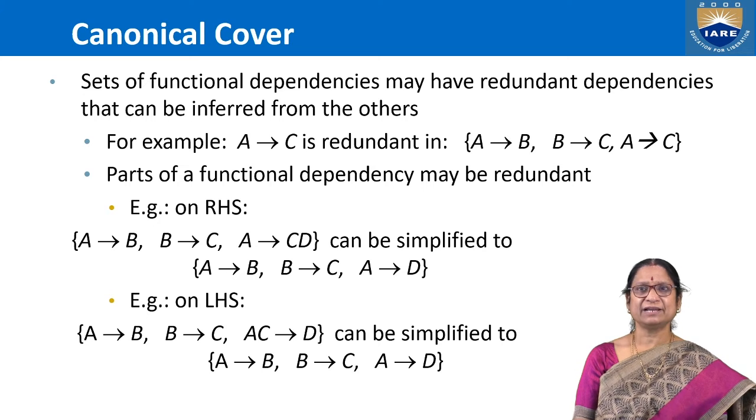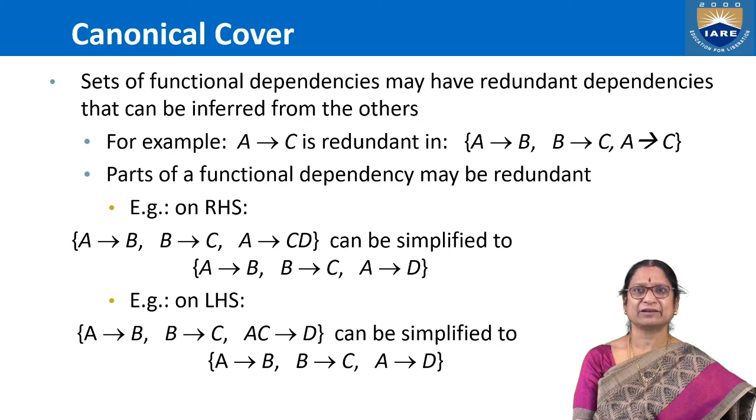So that's why, instead of A determines CD, as just explained in the previous slide also, with A determines B, B determines C, A determines CD can be written as A determines C, A determines D. So A determines D is enough because A determines C is transitive. It can be simplified.